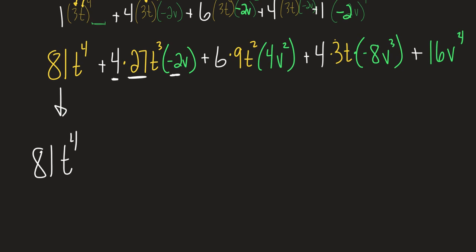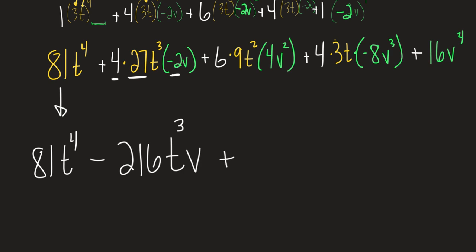So this plus here is going to become a minus because it's going to be a negative term. So 4 times 2 is 8. 8 times 27 is 216. And I have a t cubed as a variable and a v. So our second term is minus 216 t cubed v.